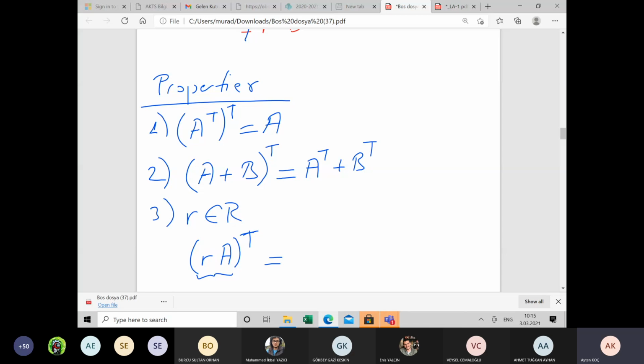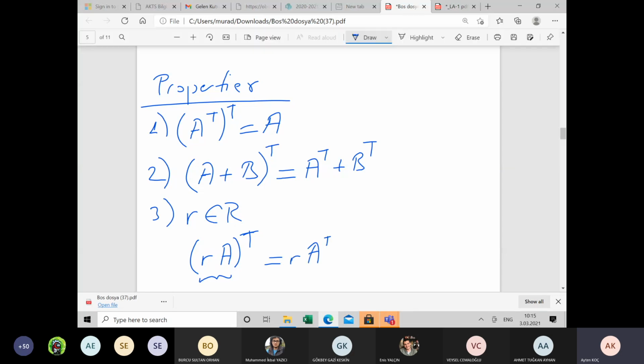R is a scalar, and this is the transpose of R times A. On the left side, first compute the scalar multiplication and then take the transpose. But on the right, first take the transpose and then multiply by R. It's okay? They are equal.